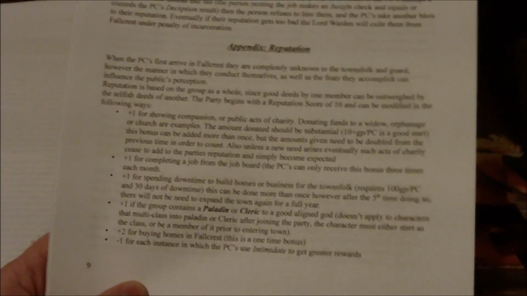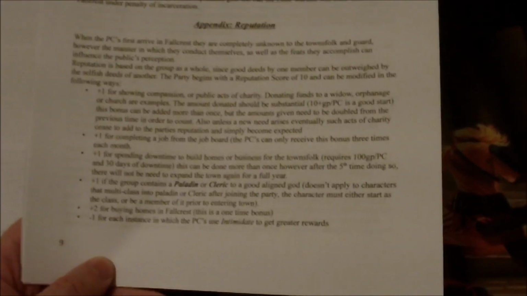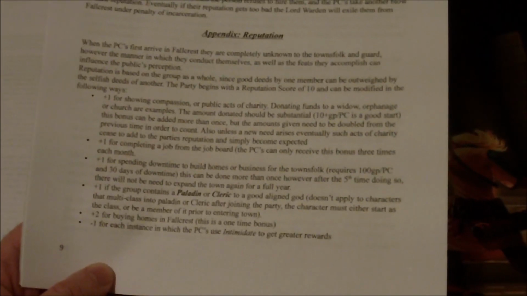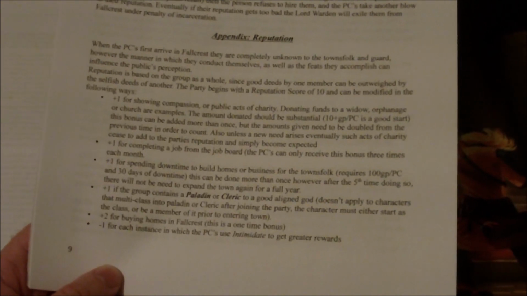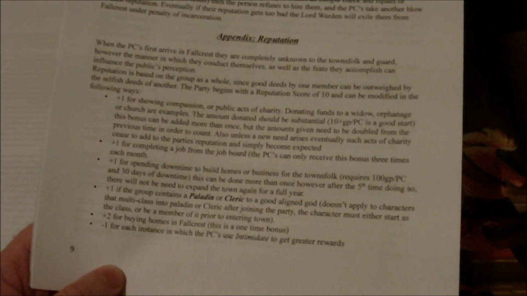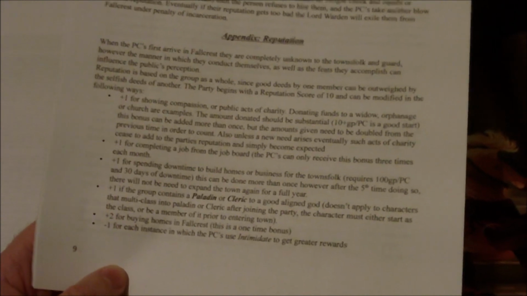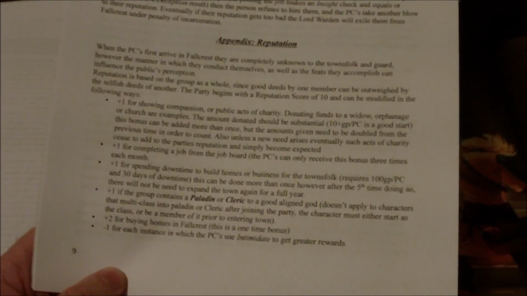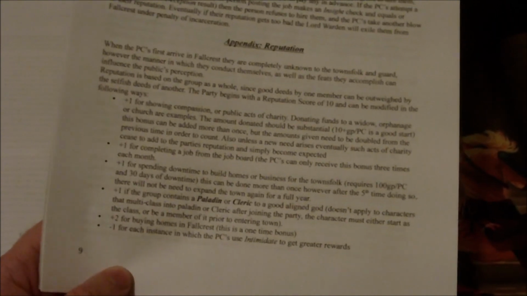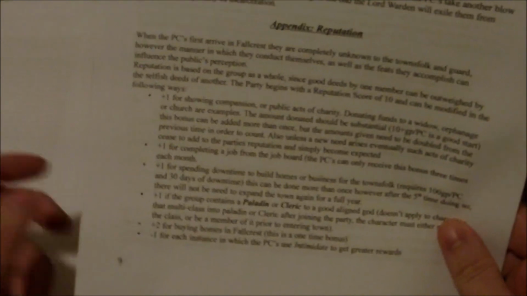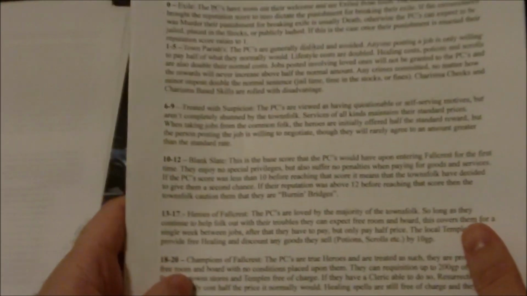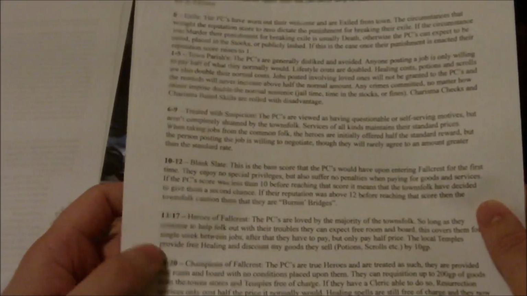It's honestly been a while since I looked through that book, because I've been running my D&D games away from home, at a store, and I sometimes would have to go to work first or after, and I didn't want to have too much stuff with me, so I just never really bothered to look at that book. But I do have just a little bit of a reputation thing here, ways that they can improve it or possibly decrease it, and what happens when they reach a certain level of reputation.